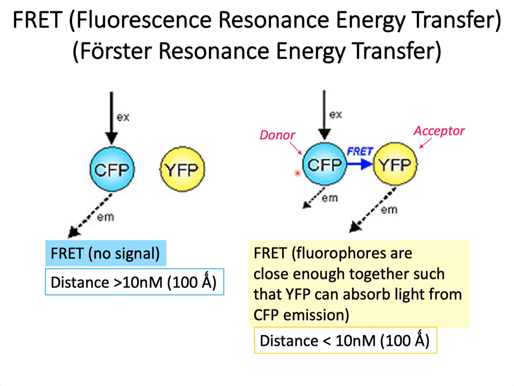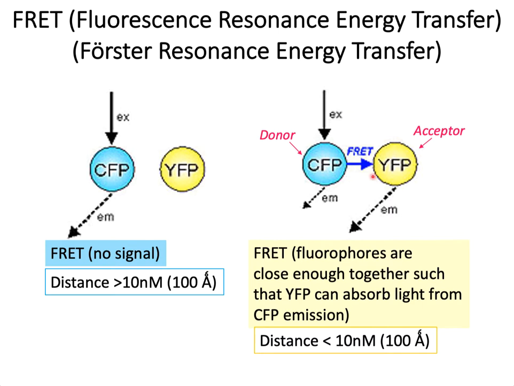On the other hand, if these two fluorophores are close to each other, say the CFP-labeled protein and the YFP-labeled protein are physically interacting, then the CFP is excited by its specific wavelength of light and emits light. Some of the blue light will be absorbed by the YFP.